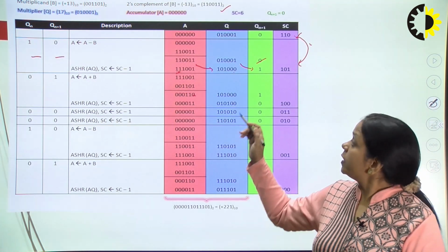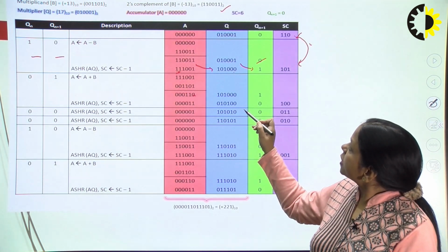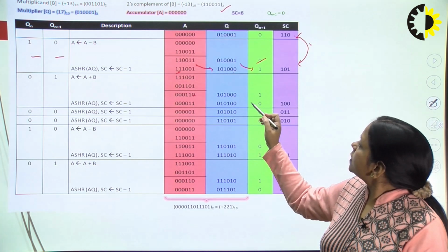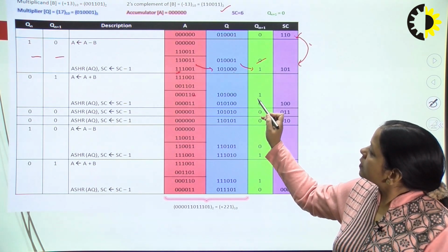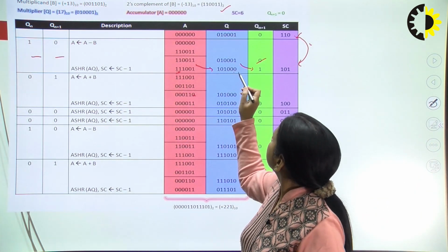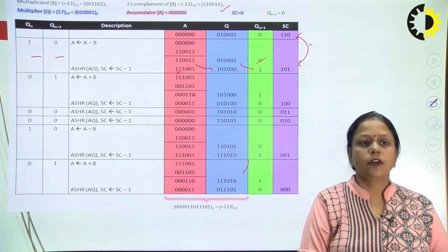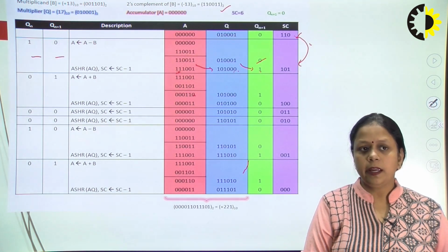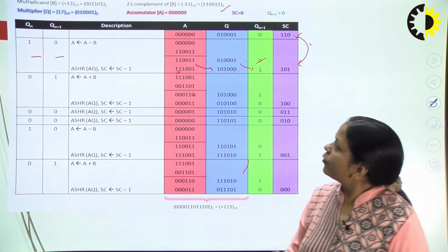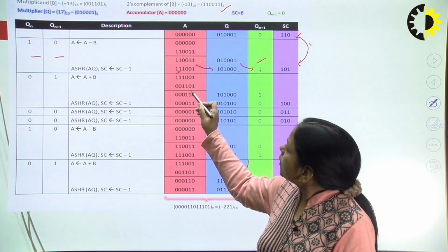Now, in the next case, again we will check the value of Qn and Qn plus 1. You can see here the value of Qn and Qn plus 1 is 0, 1. This is 0 and 1. So, in the case of 0, 1, we will add the value of B. In the accumulator, the value of B is 0, 0, 1, 1, 0, 1.